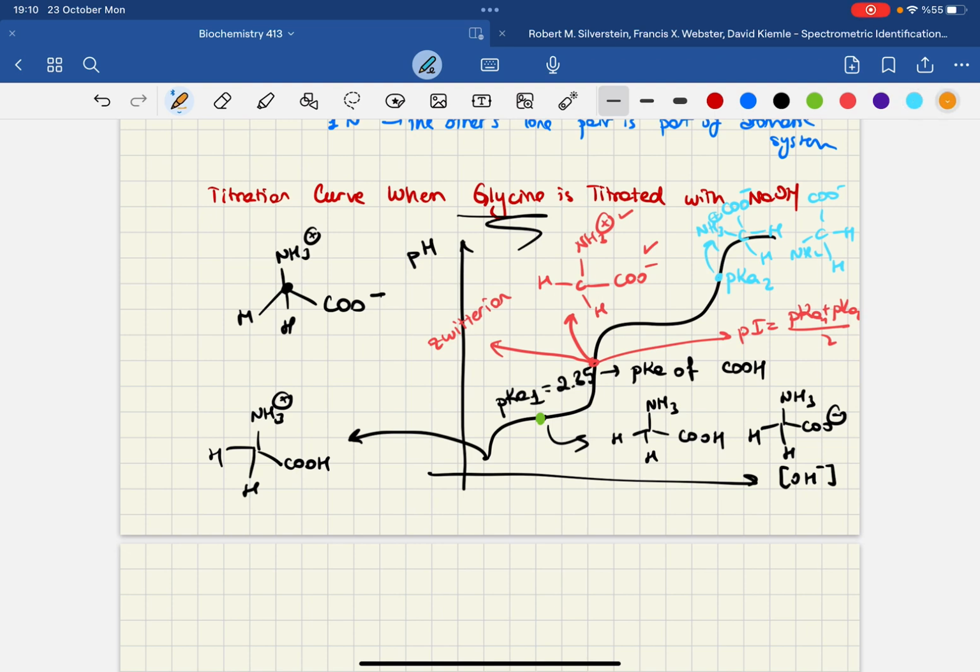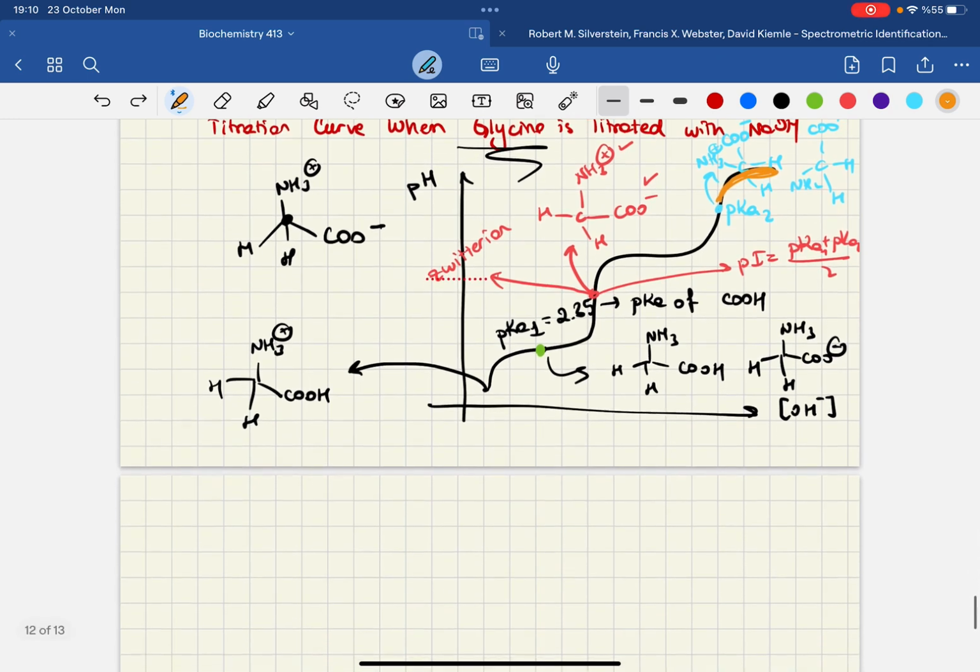In the final place, it will have both groups deprotonated. Let me write the molecule real quick: the acidic group deprotonated, NH2, the amine group deprotonated, and the 2 hydrogens, and this is the end of our titration.